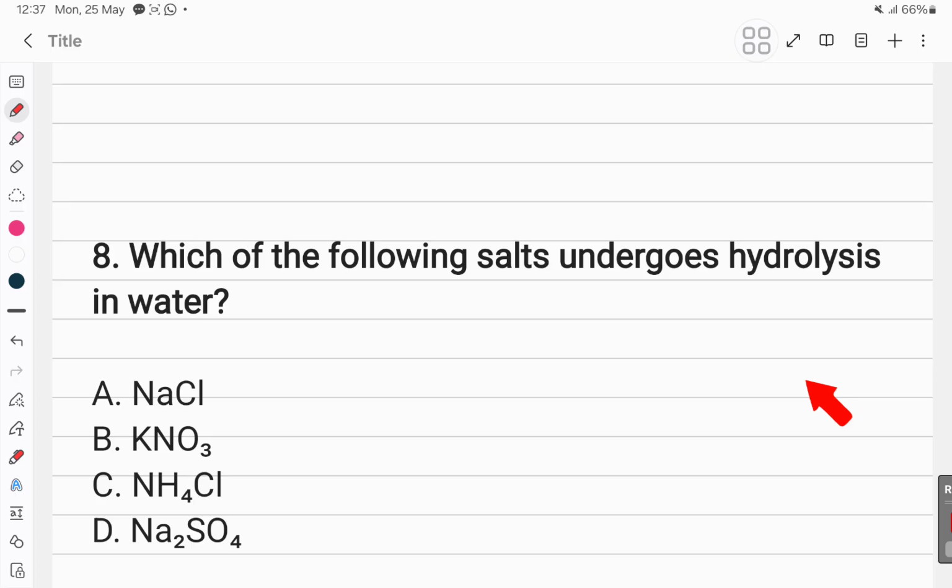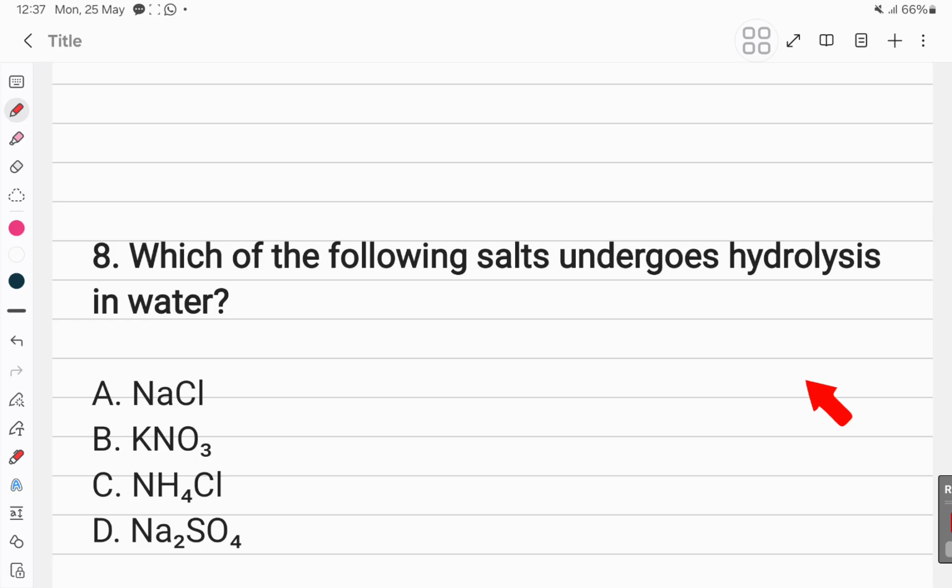So generally, hydrolysis is a chemical reaction between a salt and water to form the corresponding acid or alkali. If a salt dissolves in water and the resulting solution is either acidic or alkaline to litmus paper, then it means the salt is hydrolyzed in water.